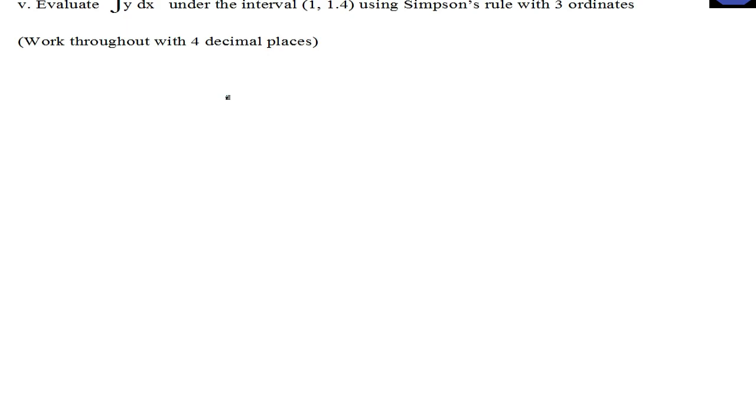So this last question asks us to evaluate the integral of y dx under the interval 1 to 1.4 using Simpson's rule with 3 ordinates. So really quickly we'll recall Simpson's rule. Simpson's rule says the integral from a to b of a function f of x dx can be approximated to h over 3 into f of x0 plus, then we start alternating between 4 and 2.